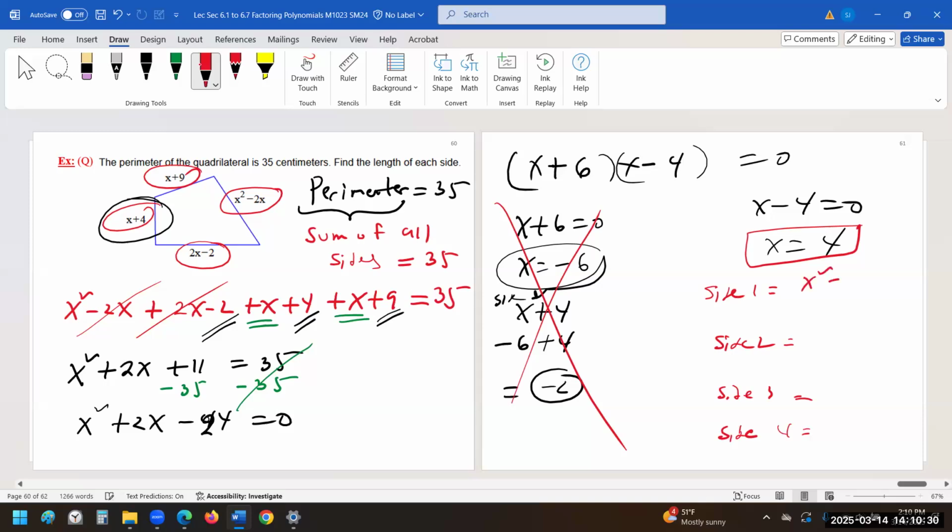So we have x squared minus 2x, and then we have 2x minus 2, x plus 4, x plus 9. Let me do the easy one. X plus 9, our x is 4. So 4 plus 9 gives us 13. Here we have 4 plus 4, 8. And then you do the rest. That's how you have the 4 sides.